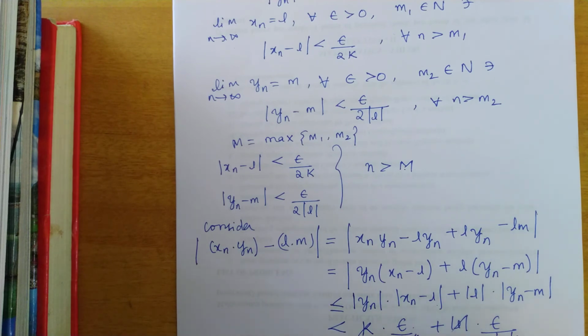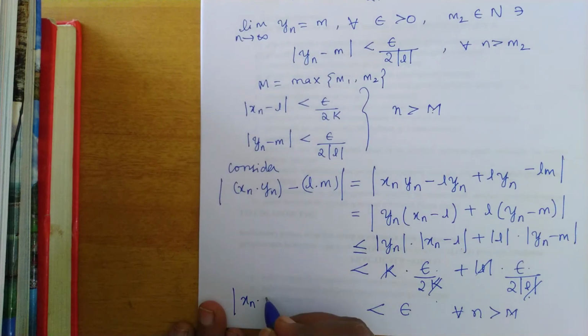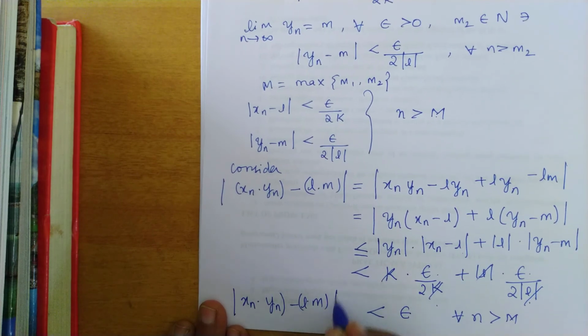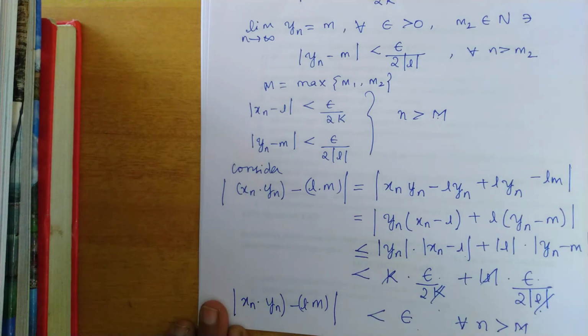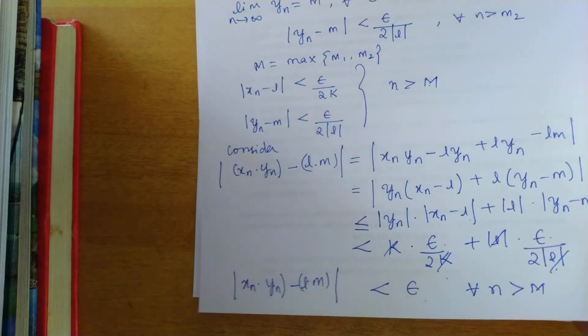Finally we have epsilon by 2, that is less than epsilon. This is for all n greater than M. So modulus of xn dot yn minus L dot m is less than epsilon, for all n greater than M.